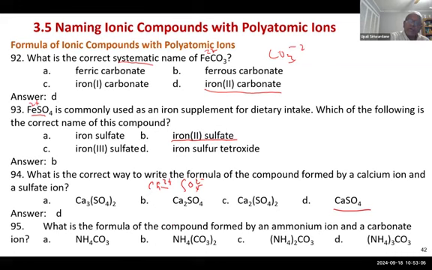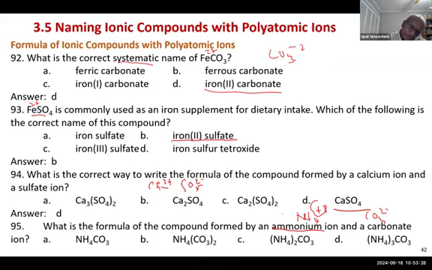What formula is formed by ammonium ion and carbonate ion? Ammonium is plus 1, carbonate ion is 2 minus. Now, if you look at that, that's plus 1, 2 minus.